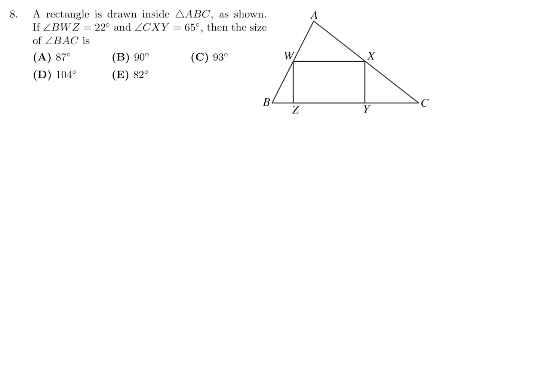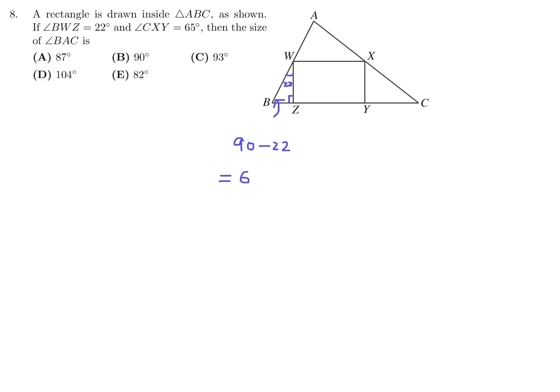A rectangle is drawn inside triangle ABC as shown. Angle BWZ is 22, CXY is 65. Then the size of angle BAC is. All right. BWZ is this guy right here, and that's 22. Okay? And this is a right angle, obviously, because that's a rectangle. So that means this angle in here is going to be 90 minus 22.